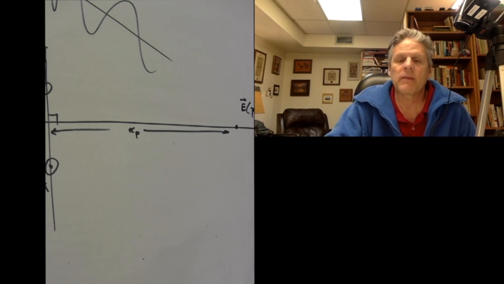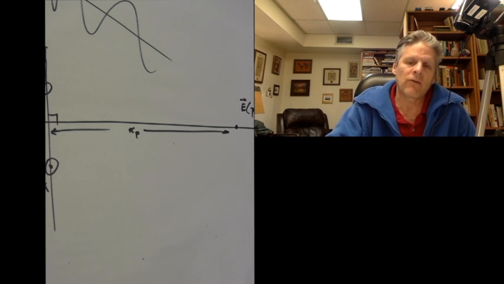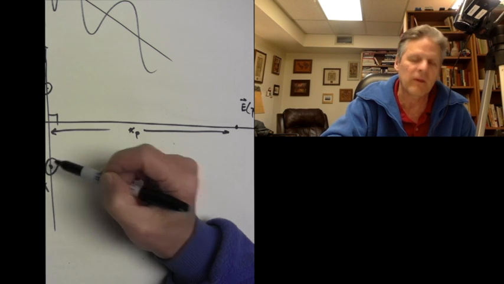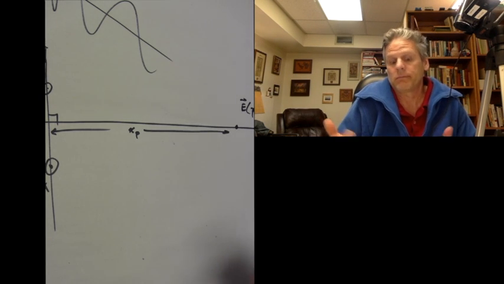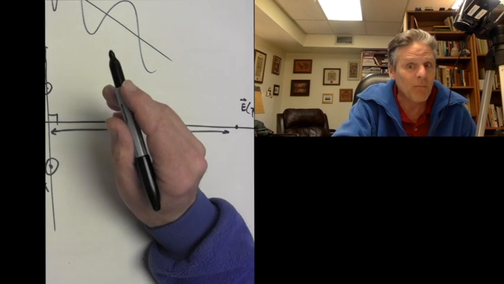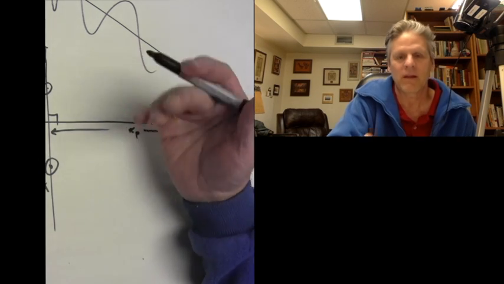So, in order to find the electric field at this point, what's our strategy? It's the simplest strategy possible. We're going to take the electric field of this point and add it to the electric field of this point. And we're done. Okay? So, how do I calculate the electric field at this point? Stop me if you've seen this before, but you've seen it many times.